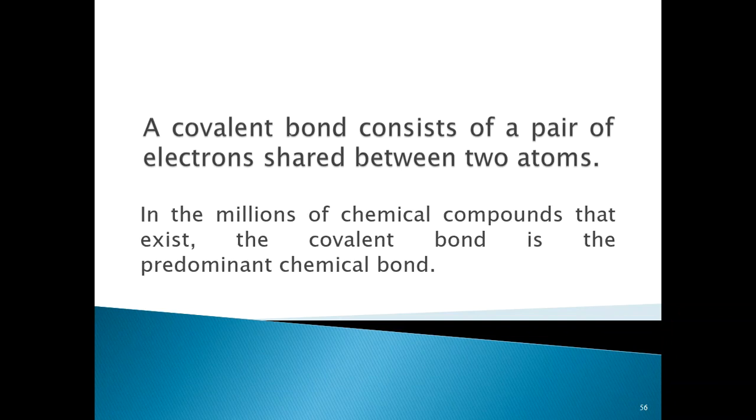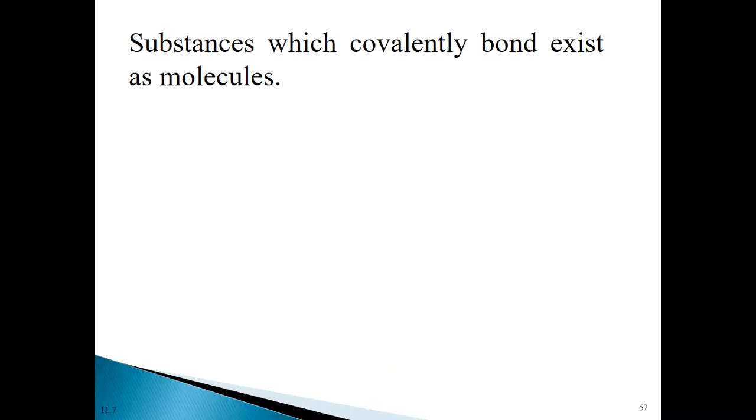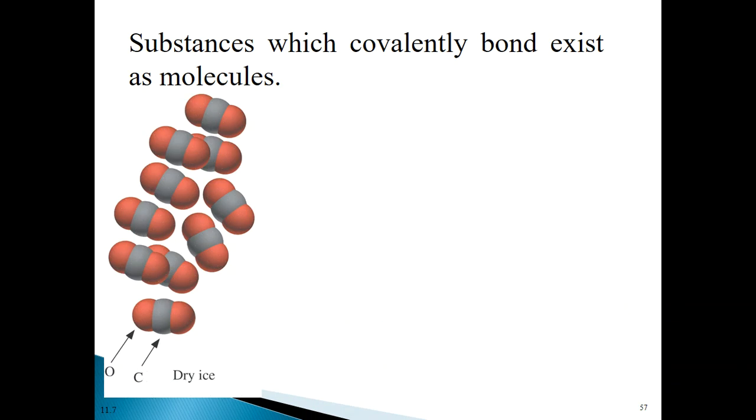And of all the compounds that exist, the covalent bond is more prominent and predominant compared to the ionic bond. Compounds that have covalent bonds within them exist as discrete units that are known as molecules. So for example, in the case of carbon dioxide, CO2, basically each molecule consists of one carbon and two oxygen atoms.